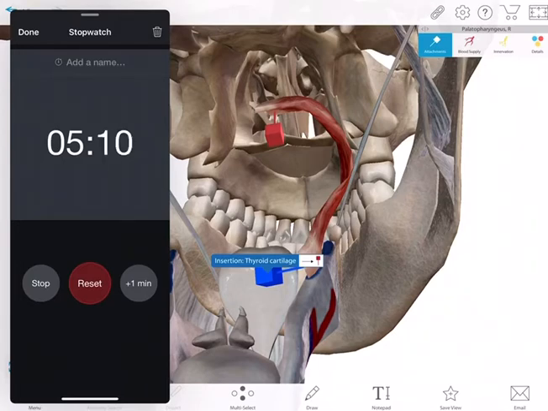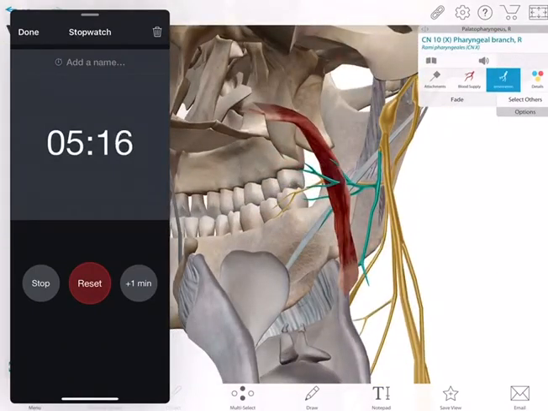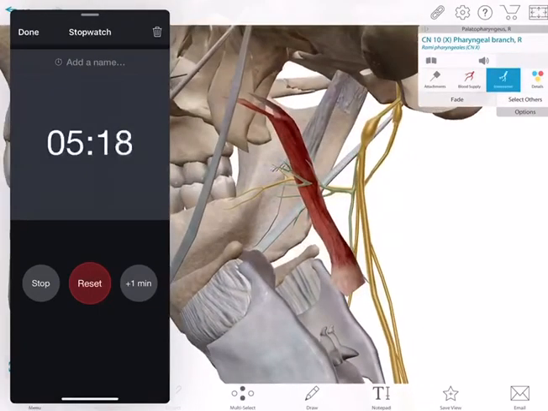Nerve supply also is from the vagus nerve, from the pharyngeal branch of the vagus nerve. See how this nerve is innervating this muscle, and the function is depression of the soft palate or elevation of the pharynx. Either it will elevate the pharynx or it will depress the soft palate.